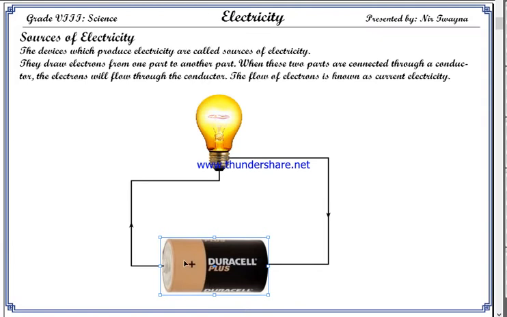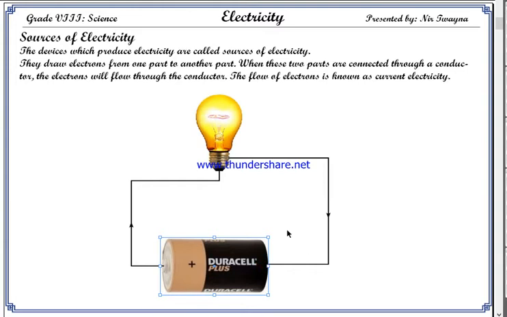That's why this part of the cell contains less number of electrons, whereas this part of the cell contains large number of electrons. So the part of the cell which contains less number of electrons will develop positive charge, and the part which contains large number of electrons will develop negative charge.